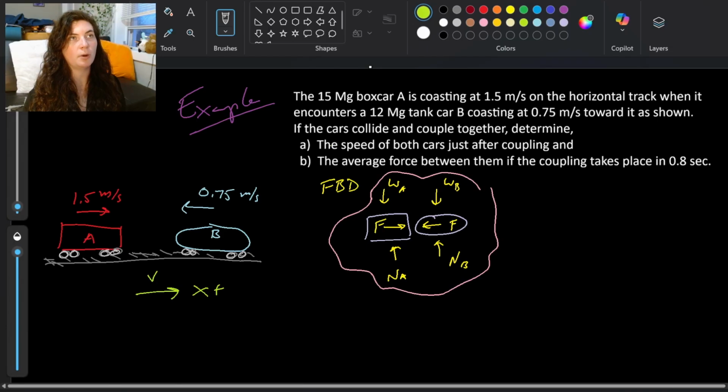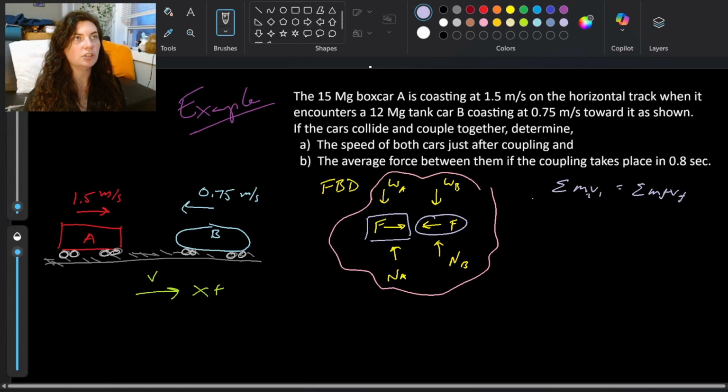So for this first part here, part A, the speed of both cars just after coupling. We're going to use our conservation of momentum, and that says that the sum of our initial masses times velocities is the sum of our final masses times final velocity.